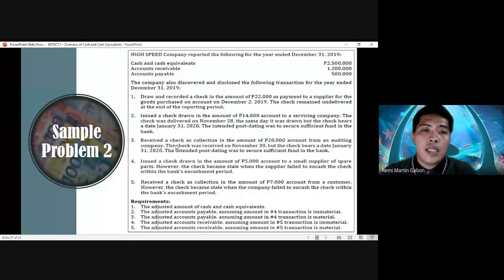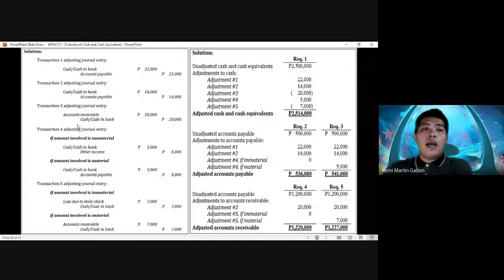Okay, so we can encash the check only on January 31, 2020. So initially, we recorded a collection: debit cash, credit accounts receivable, 20,000. So what happened is, we have to adjust: debit accounts receivable and credit cash or cash in bank for 20,000.